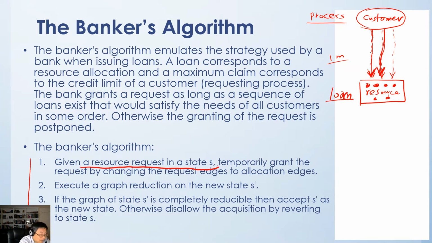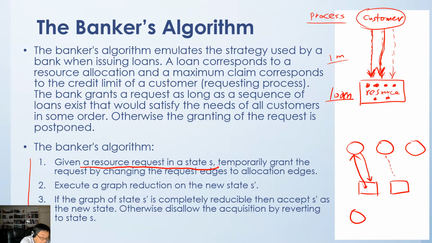So currently, you have all these processes. Let's assume this is a customer at this moment, and there are resources, different types of loans, and then you have the allocations, right? And you have a request, and you have the claim edge, and also allocation, request, claim, another claim.